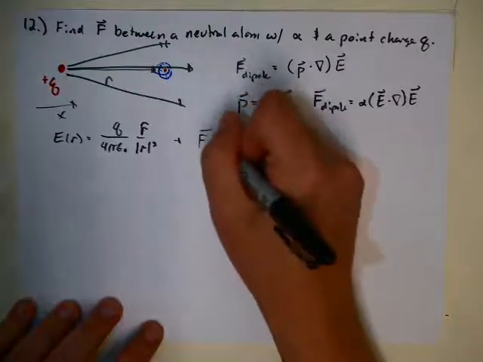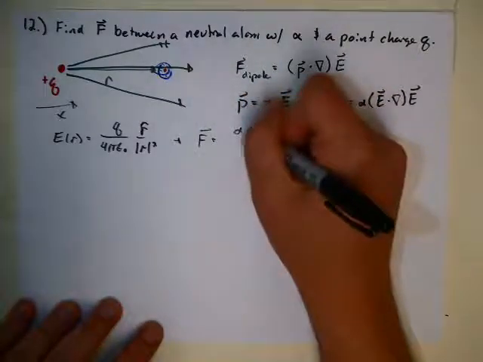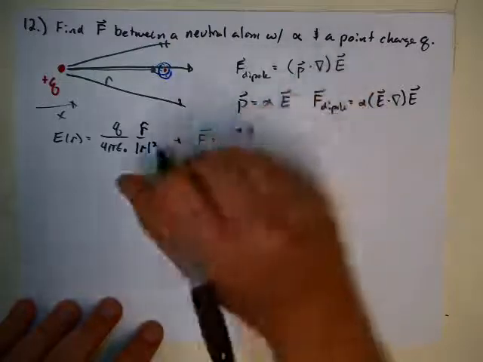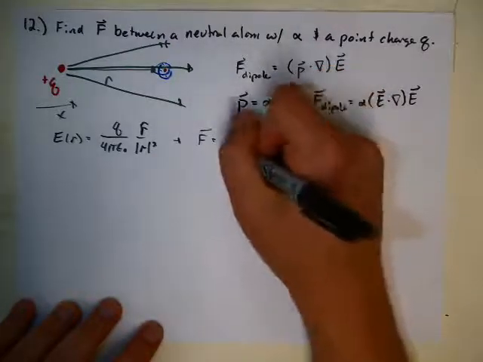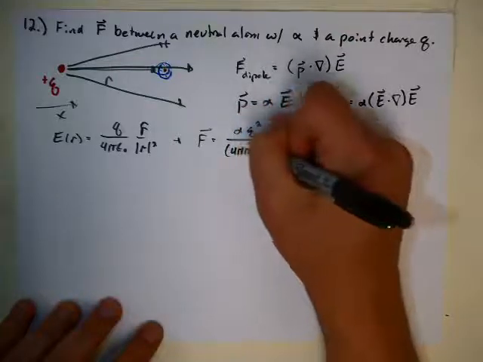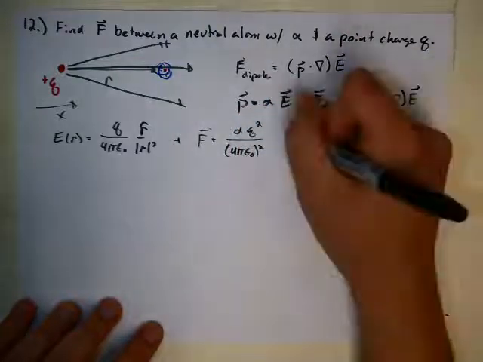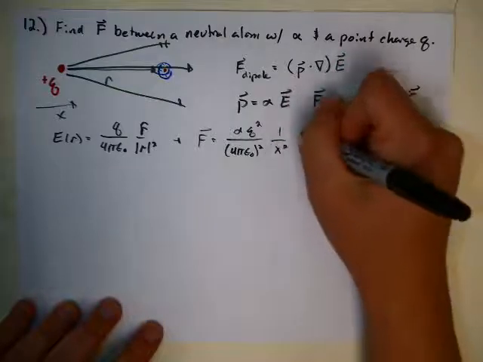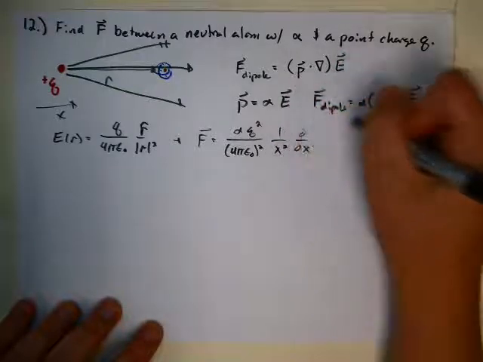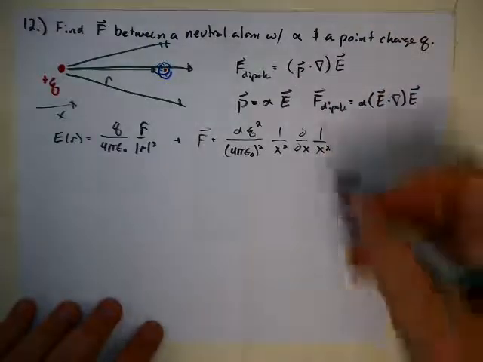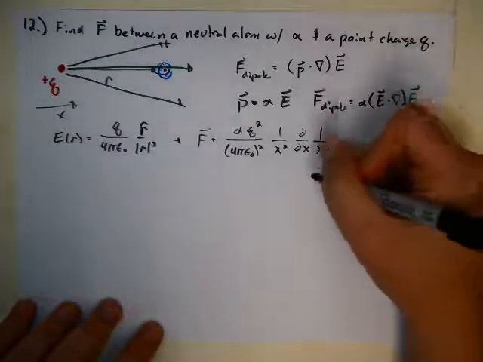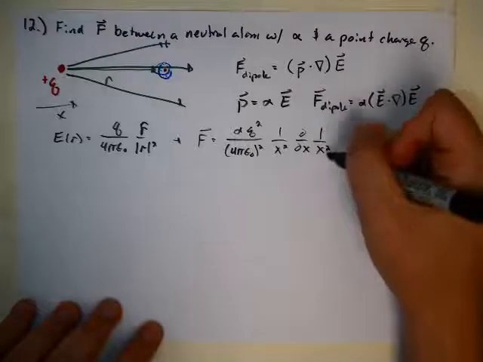this force, then, is going to be alpha Q squared over 4 pi epsilon naught squared. We're going to get a 1 over x squared, partial over partial x, 1 over x squared. But the partial derivative of 1 over x squared is, of course, negative 2 over x cubed.